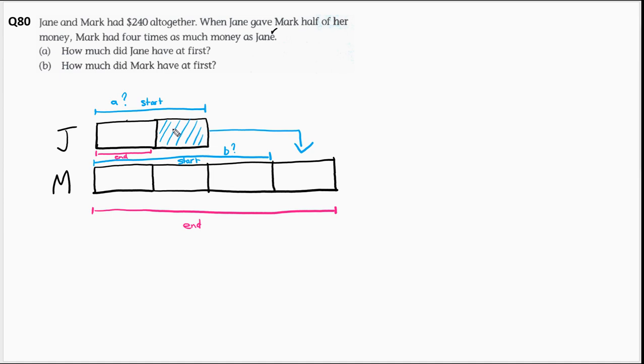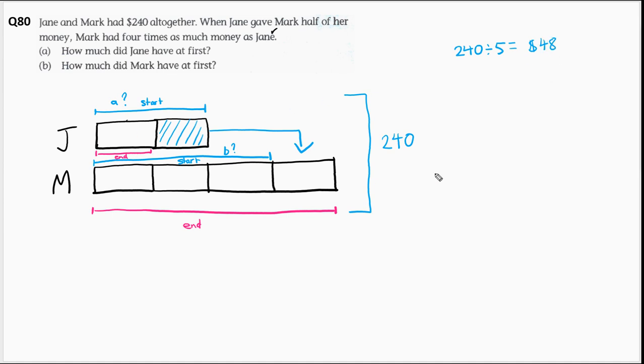So let's now put the amount in. This whole model represents $240. How many parts are there? Well, 1, 2, 3, 4, 5 parts. So 240 divided by 5 gives 48.